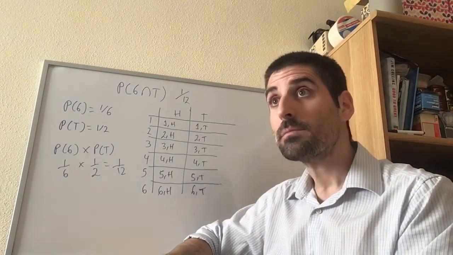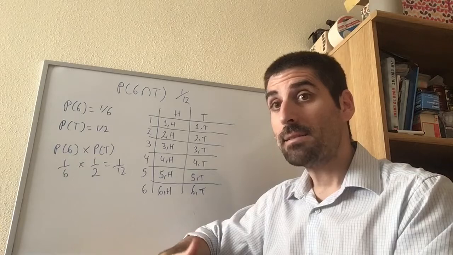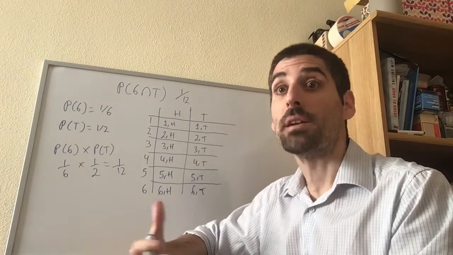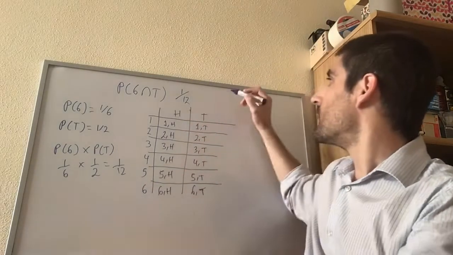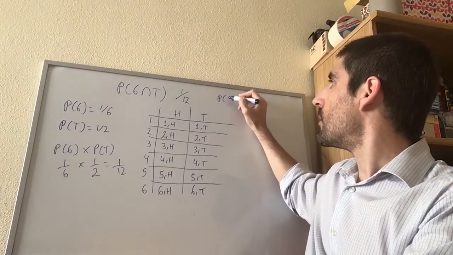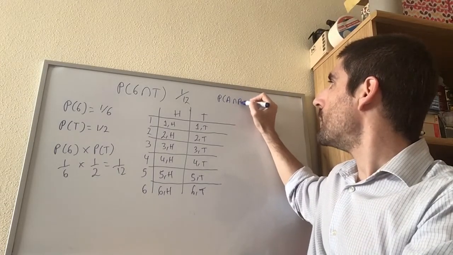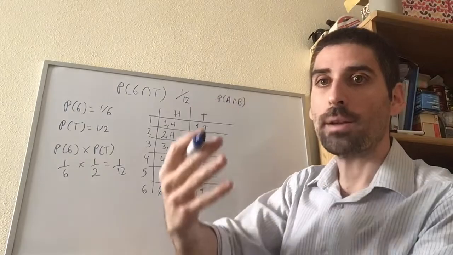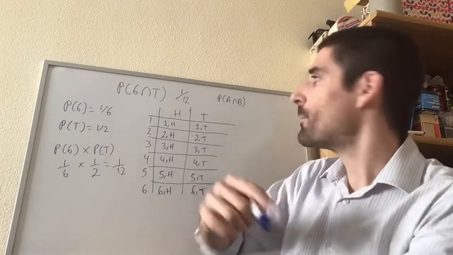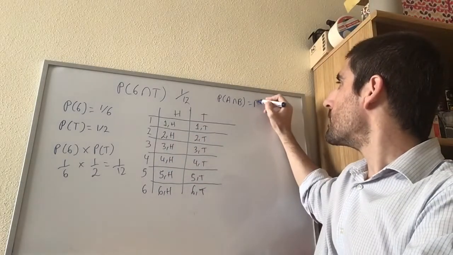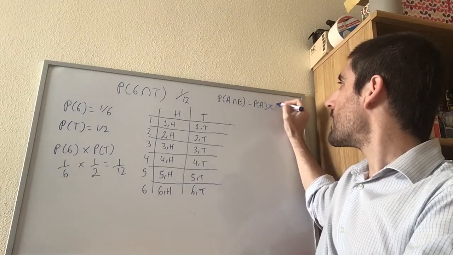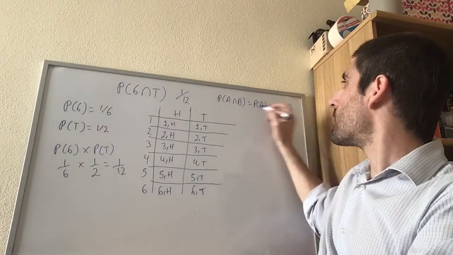So we can say that in general, the probability of A and B, so the probability of one outcome and another outcome happening, equals the probability of one times the probability of the other.